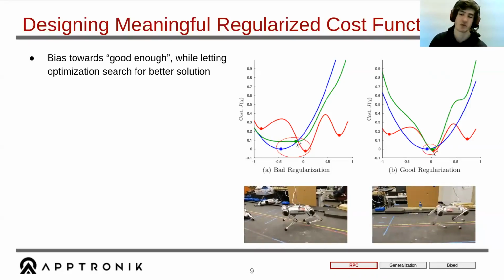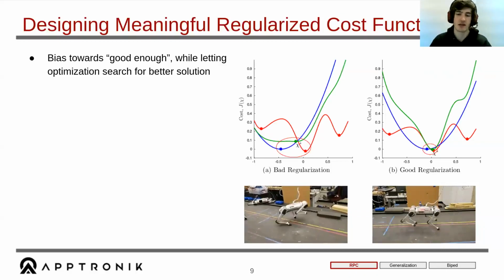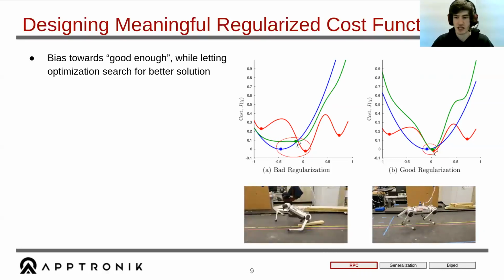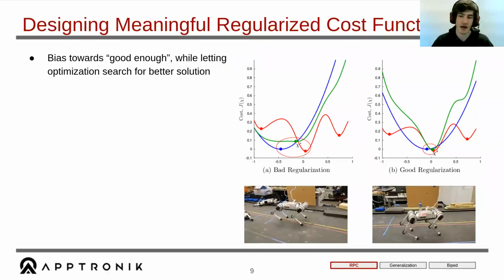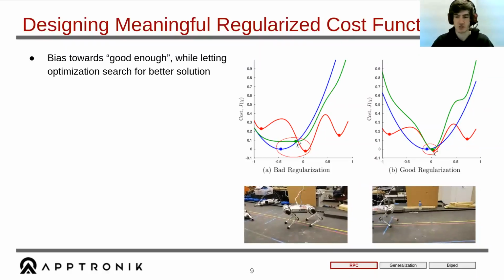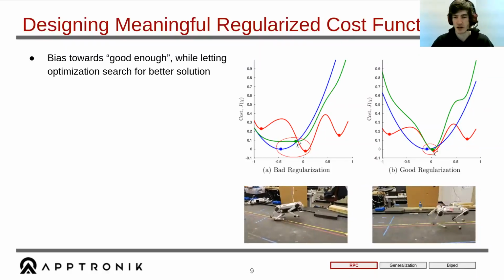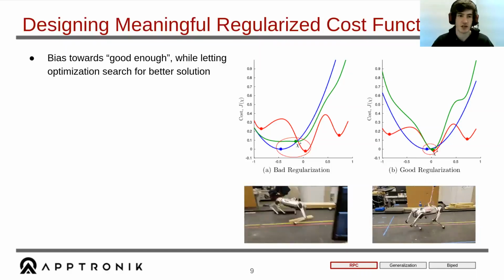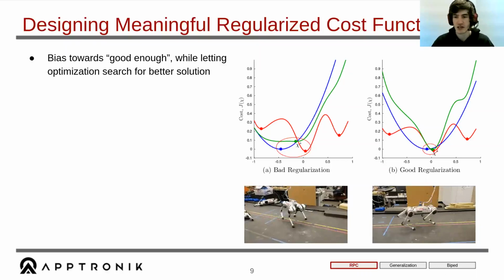So an example of good regularization would be a state-dependent regularization heuristic, such as in this case, when we have a robot walking forward and backwards, the heuristic that we're actually using is the Raibert heuristic, where you want to place the foot in the direction that you're walking half of your stance period, depending on your velocity.